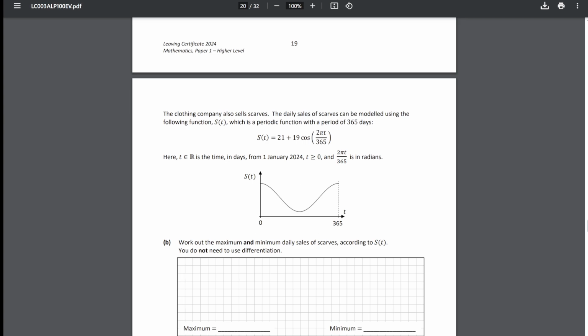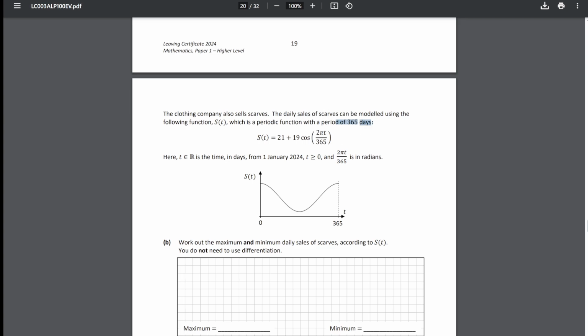Maximum, minimum value, well, cos is max at 1 and minimum at -1, because cos only goes between 1 and -1. Even this 2 pi t over 365 really just stretches the graph and affects the period.